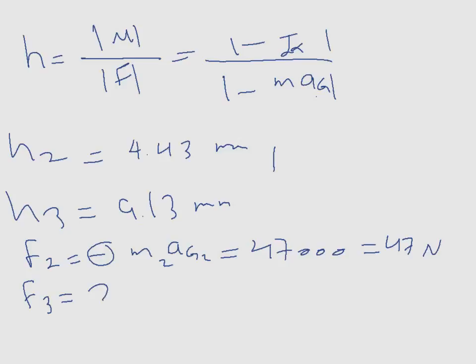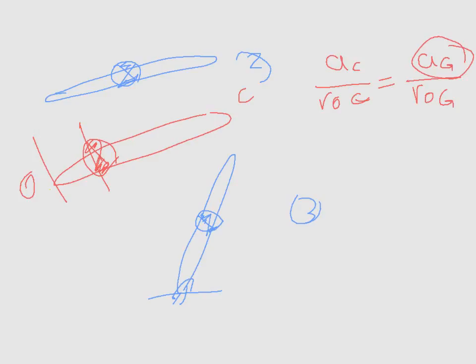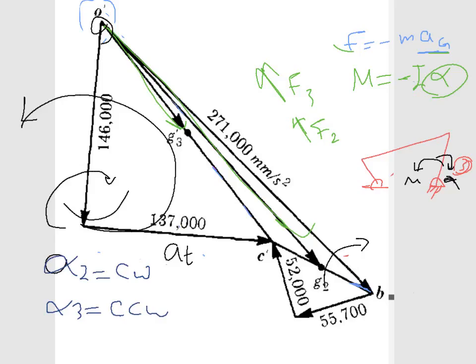For 3, it gives me 30,000. I will put it as 30 Newton. And I said never bother with the minus, because the minus just gives the opposite direction of the AG.